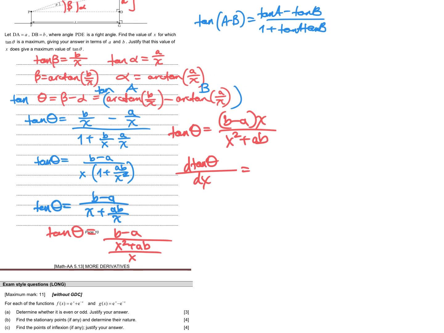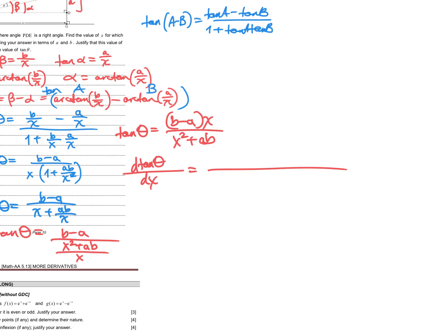So we're going to do quotient rule here. We have x squared plus AB squared, so that's v times the derivative of u, which is B minus A, minus the derivative of v, which is 2x, and then times u, which is going to be x.